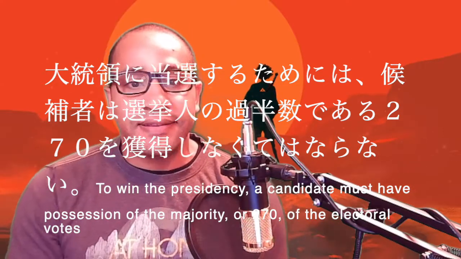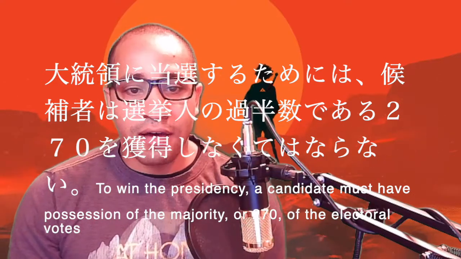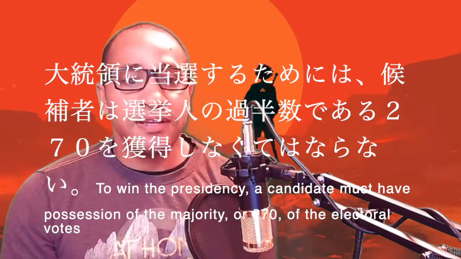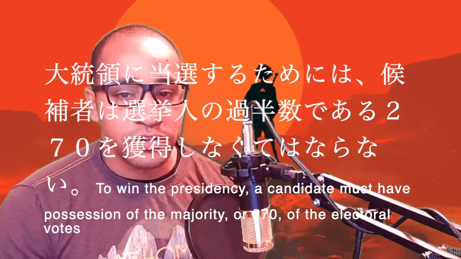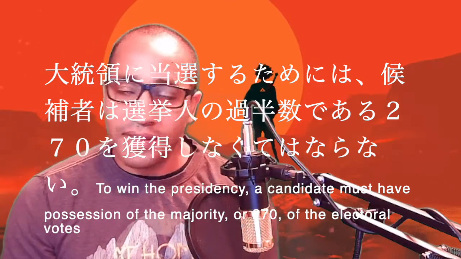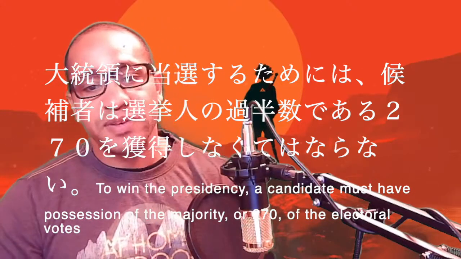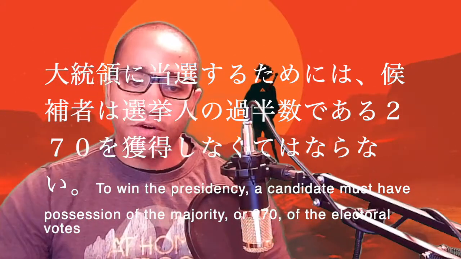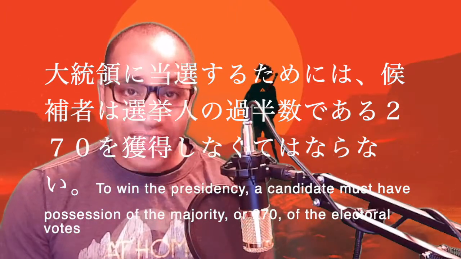We get 大統領に当選するためには候補者は選挙人の過半数である270を獲得しなくてはならない, which means to win the presidency, a candidate must have possession of the majority or 270 of the electoral votes.